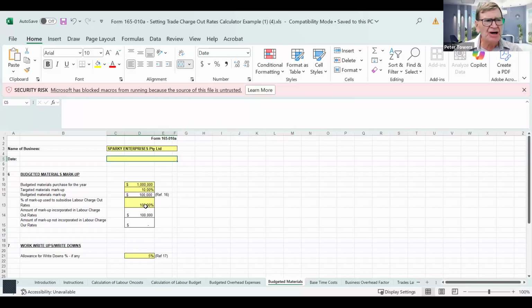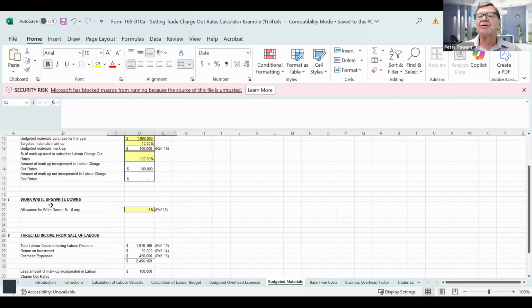That's up for you to have a discussion with your client to determine what they would like to do. We also have a write up or write down figure, and we've elected a write downs. The client said 5%. I don't like write downs, but in some instances, people like having them in their budgets.